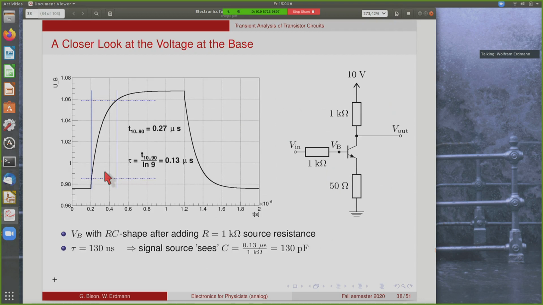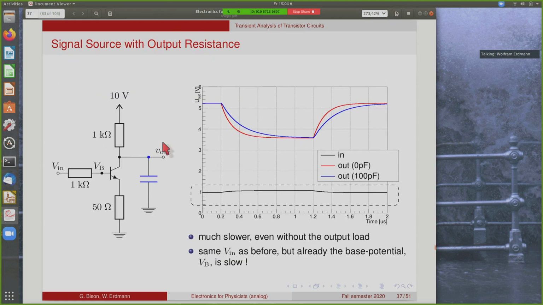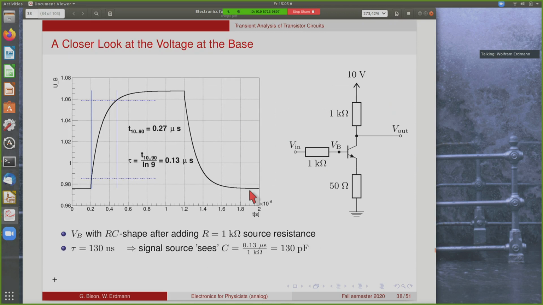So we can analyze this a little bit, looking now at the region here, and look closely at the voltage at the base. This is shown here now on a different scale, of course. So there's a voltage step from roughly 0.98 volt to 1.08 volts here. And you can analyze the time constants here, using the 10 to 90 times, for instance.